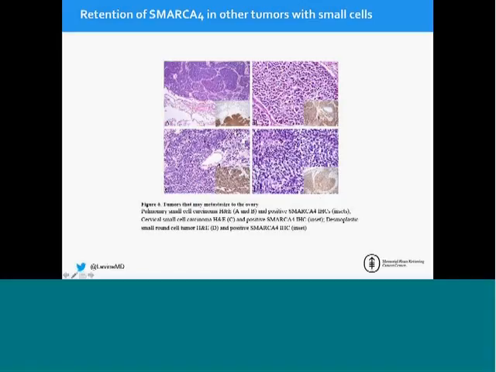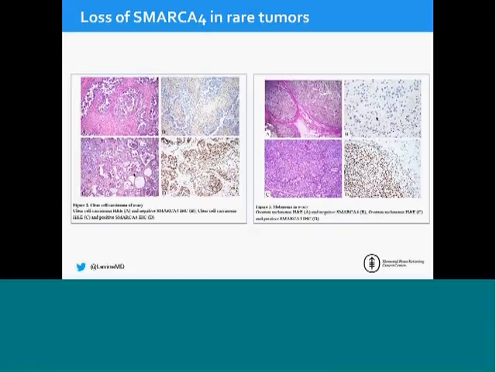These tumors that have small cell in their name do not have loss of SMARCA4. And so they're completely different tumors, even though the names may suggest otherwise, which is why naming and nomenclature is very important. And I know Dr. Foulkes has some opinions about that he may discuss towards the end of the presentation.